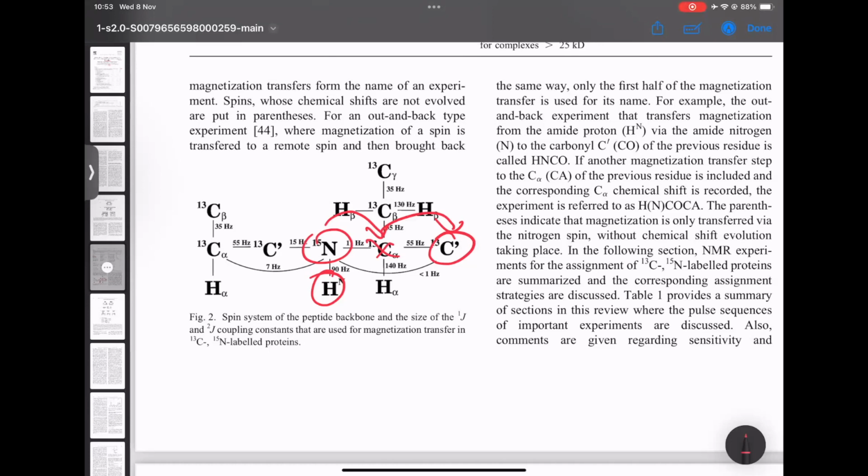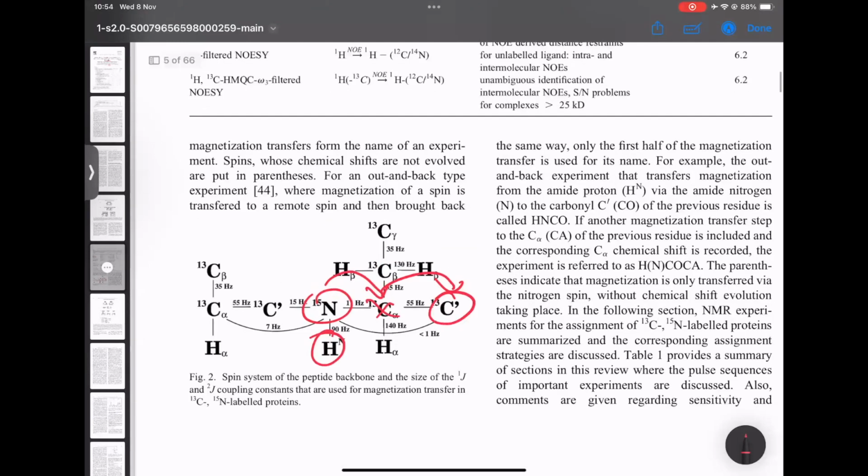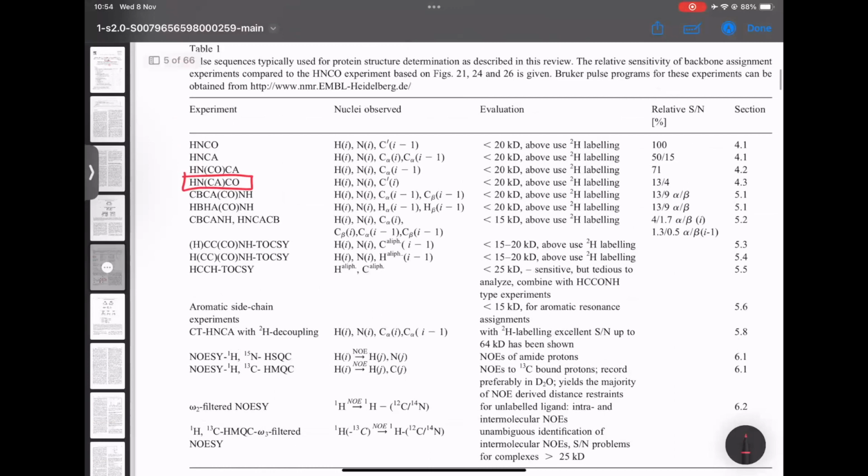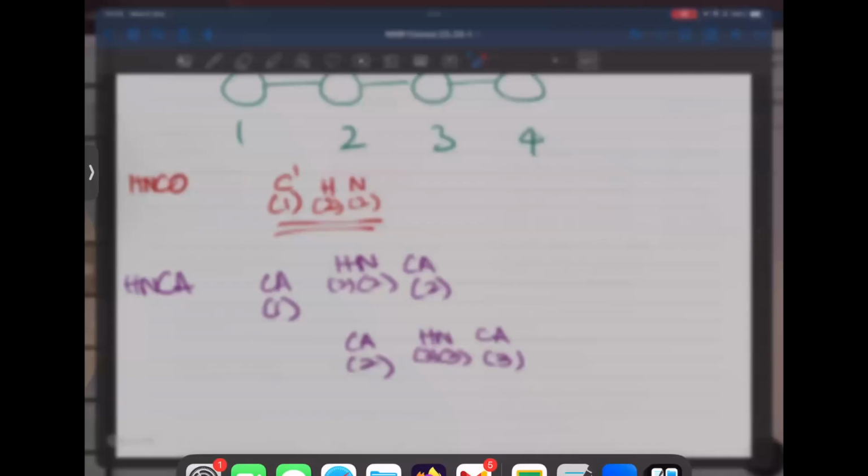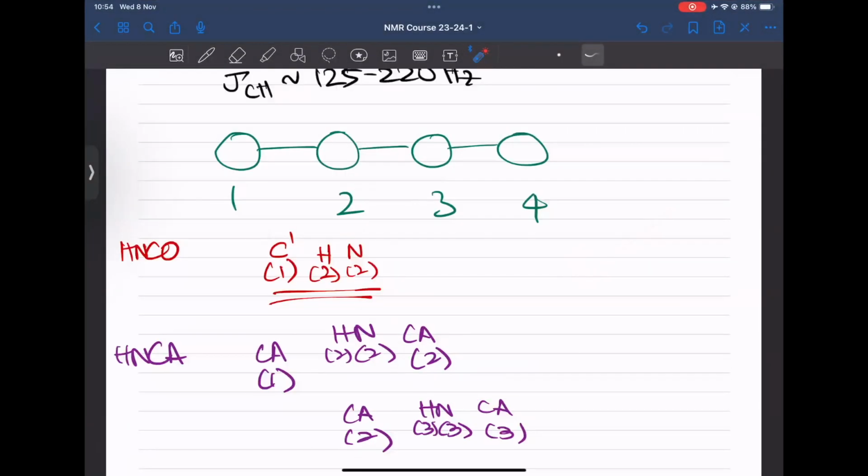Only when you do that, you waste time and you lose to relaxation, right? On the other hand, if you transfer through it, you waste less. So this is one experiment where the HNCOCA correlates the HN with its own carbonyl. So if you're able to use the HNCACO and then the HNCO together, you can repeat the process of whatever I just mentioned. Any questions, please raise.